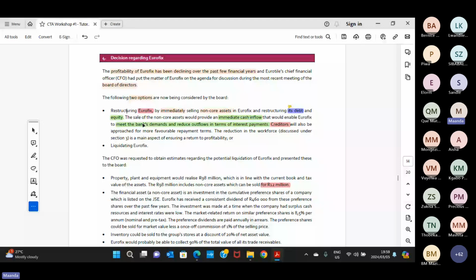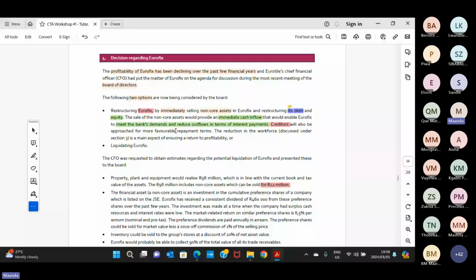Then again, the 12 million that we're going to receive. Before we even go to the 12 million, when we talk about renegotiation, someone talked about renegotiating the terms with the customer or with the creditors.